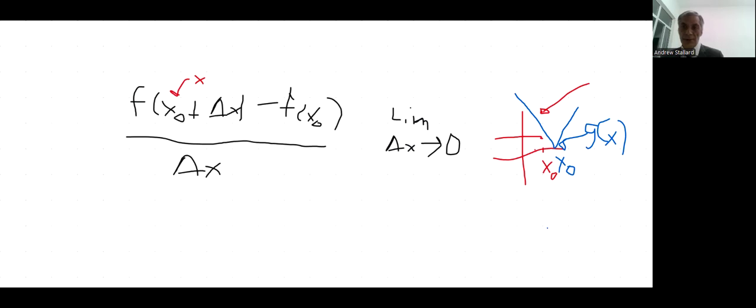So let's do this. I'm going to draw a Cartesian plane here, with the familiar y and familiar x.